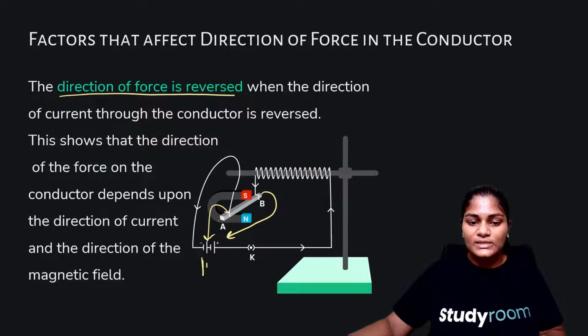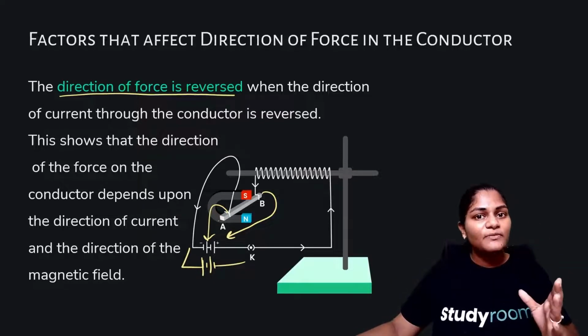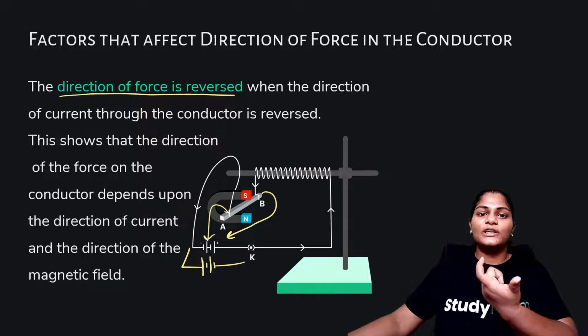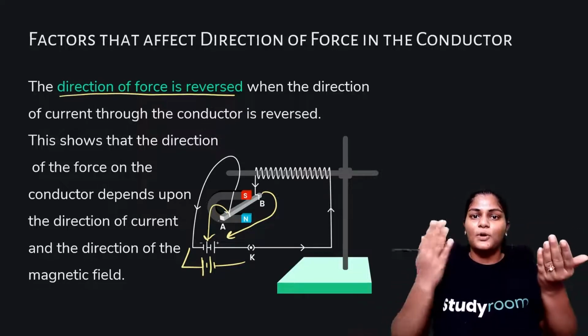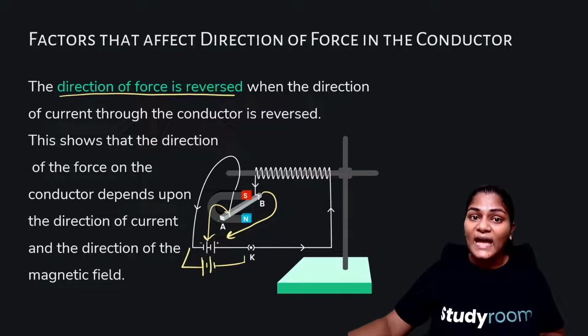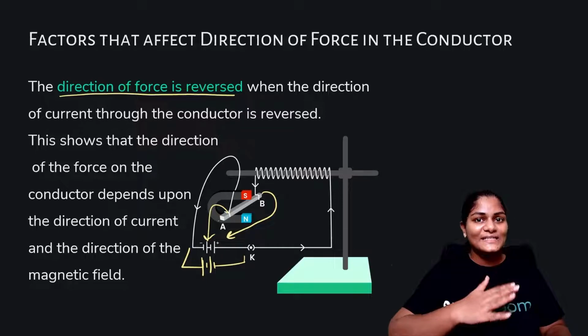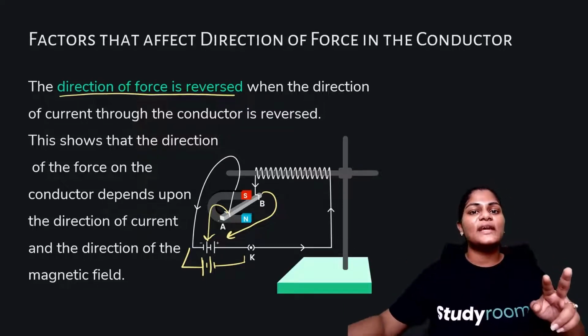If we change the polarity of the battery, changing the polarity of the battery just means flipping the battery. That means if the negative was here and positive was here, you just flip it. Okay. So what happens in that case? The rod gets displaced towards the opposite direction, that is the right. So that was the second thing that is noticed.